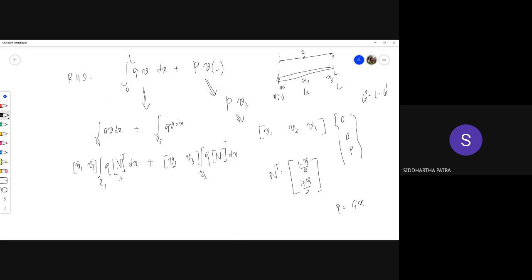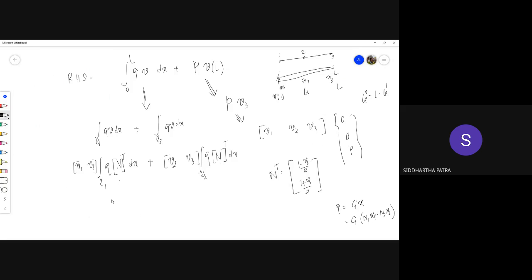While performing the integration, this is how we are supposed to represent Q as a function of xi. It is c1 times N1 x1 plus N2 x2.